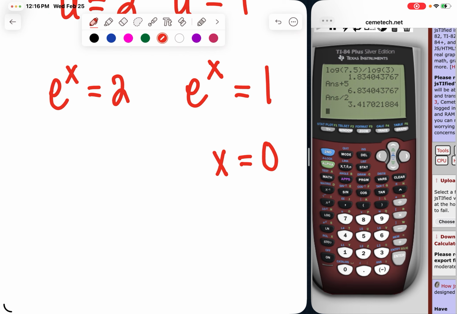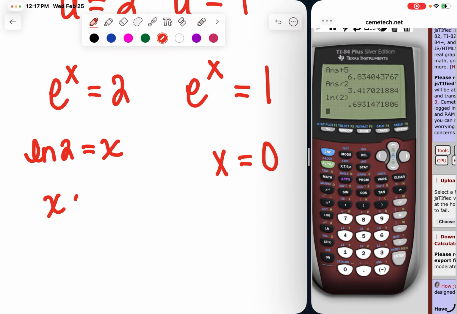So what I'm going to do is rewrite in logarithmic form. Since there's a base of e, I'm just going to use natural log instead of common log. So instead of log base e of 2, I'm going to write natural log of 2 is equal to x. Then I put natural log of 2 in my calculator, and the decimal approximation is 0.693.